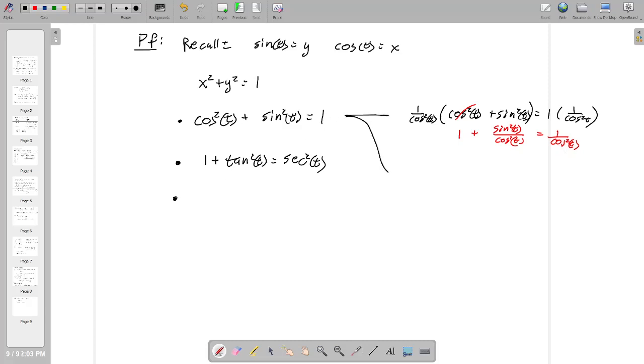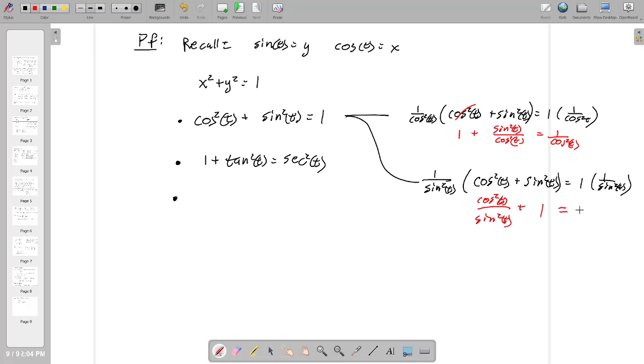Similarly, if we multiply both sides by 1 over sine squared, we'll get the other Pythagorean identity. When we distribute this in, we have cosine squared over sine squared. Sine squared divided by sine squared is just 1.